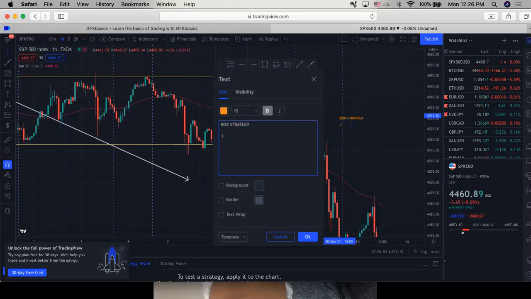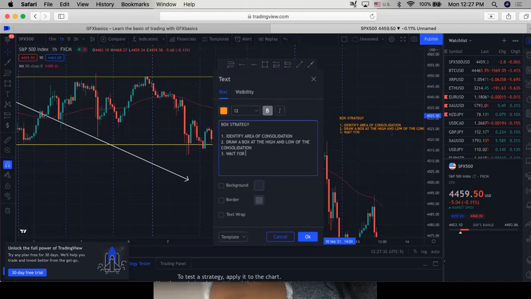Step one is to identify an area of consolidation. Step two, draw a box at the high and the low of the consolidation.